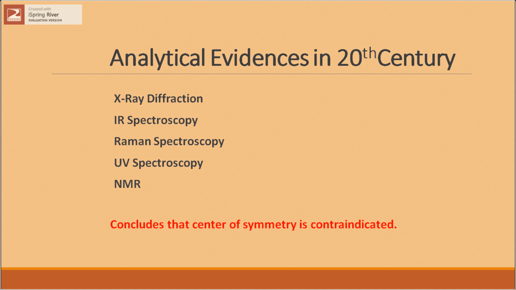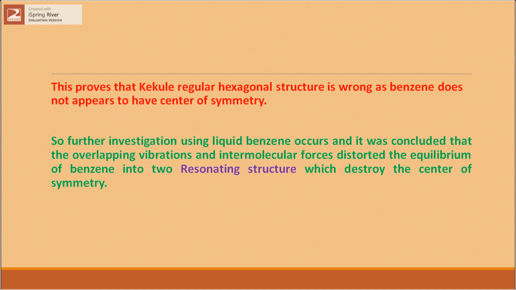And by using all these processes, it was proved that there is no center of symmetry in the structure of benzene, and hence Huckel's regular hexagonal structure is wrong, as benzene does not appear to have any center of symmetry in the structure.